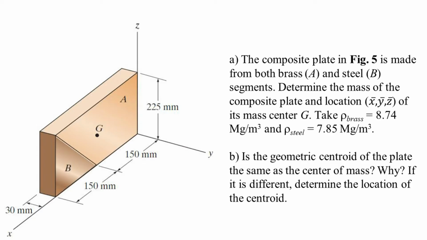Basically, this is center of mass, and we need to find the x, y, z coordinate of this, as well as the mass. Take the density of brass as 8.74 megagram per meter cube, and the density for steel as 7.85 megagram per meter cube. Is the geometric centroid of the plate the same as the center of mass? Why? If it is different, determine the location of the centroid.